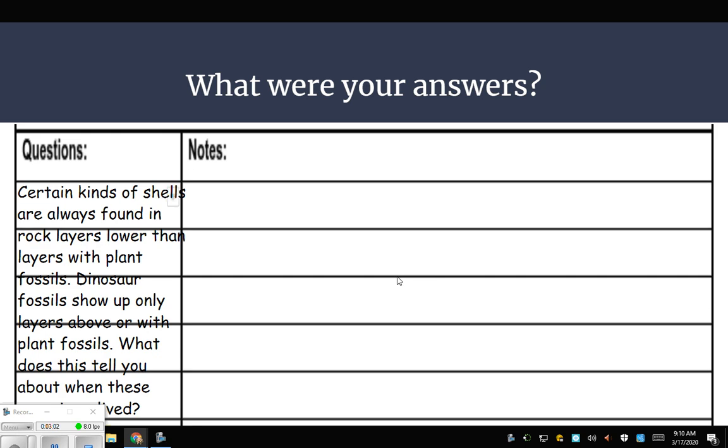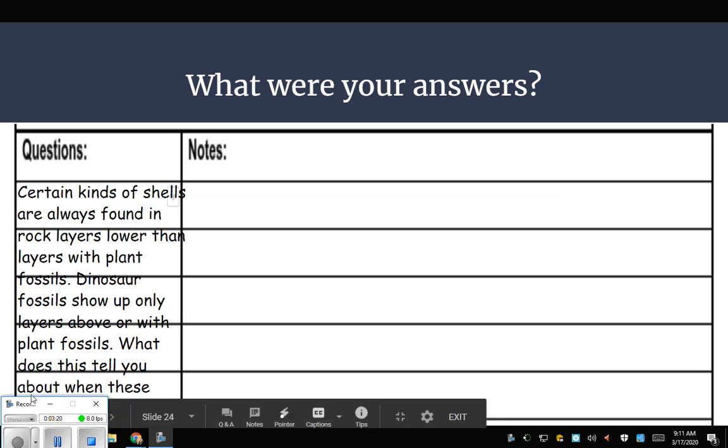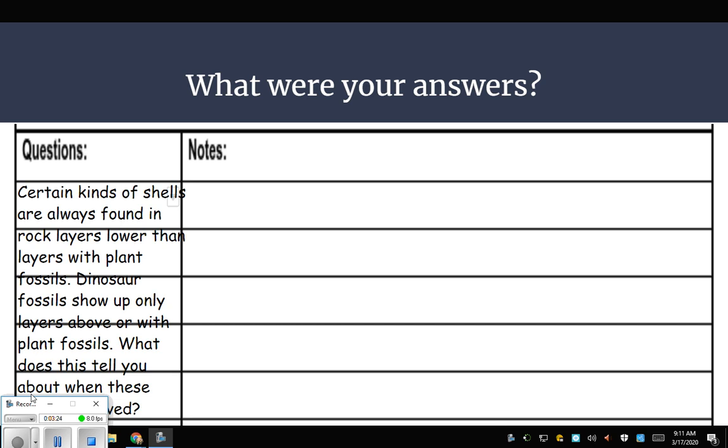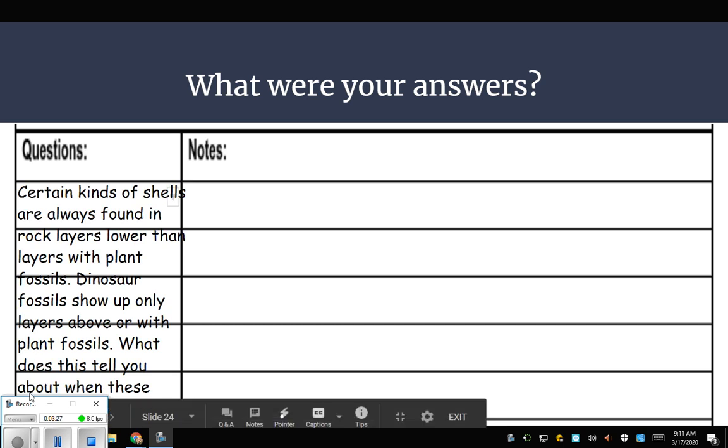Okay. All right. The next one. Certain kinds of shells are always found in rock layers lower than the layers with plant fossils. Dinosaur fossils show up in layers above the plant fossils. What does this tell you about the organisms that lived? All right, well, let's talk about that. Organisms with shells were oldest, right? Plants were next, and then dinosaurs more recent. The dinosaurs and plants also lived at the same time.